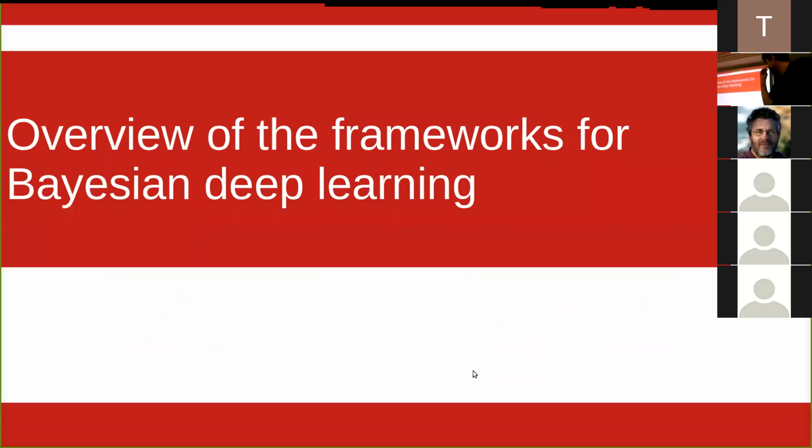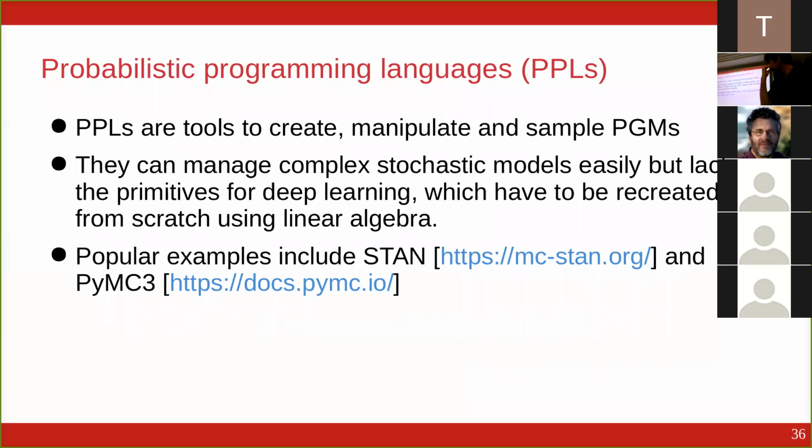Okay, so nice. Now I told you how you should design, train, and assess the behavior of your Bayesian neural networks, but you might still be wondering how do you implement them? Well, there are two approaches. The first is to use a probabilistic programming language. A probabilistic programming language is a framework to implement, manipulate, and use probabilistic graphical models on a computer.